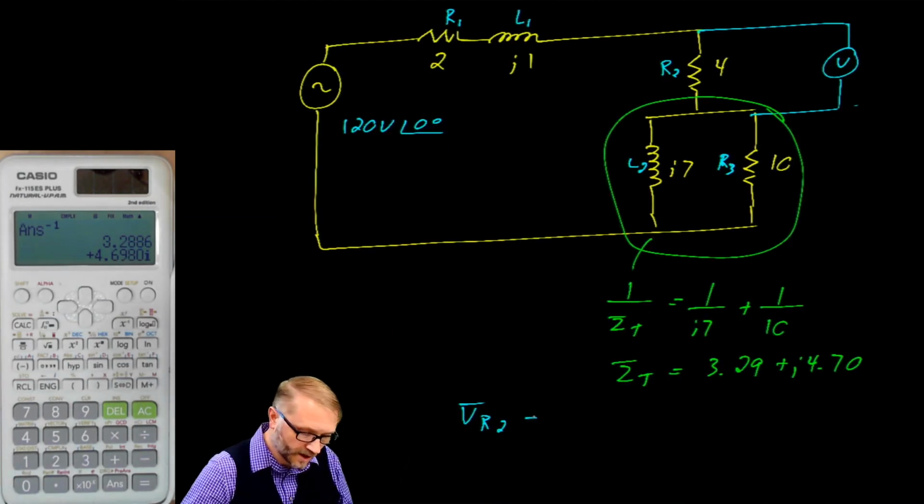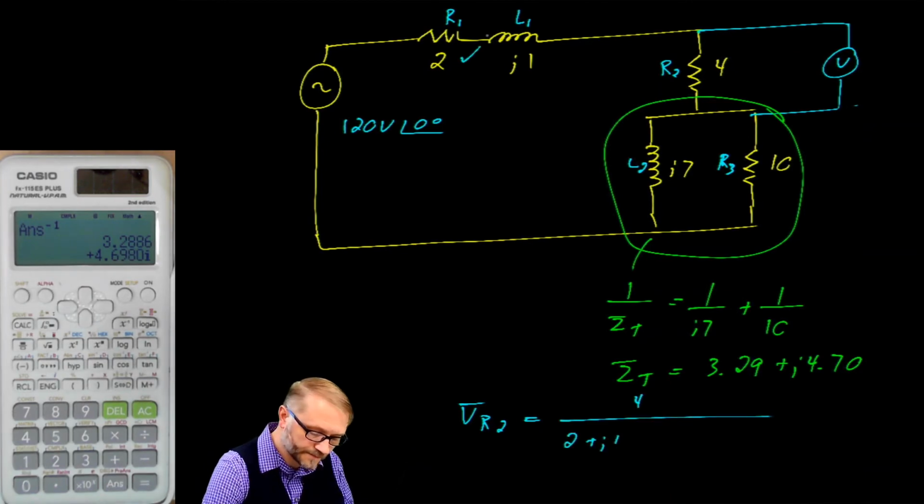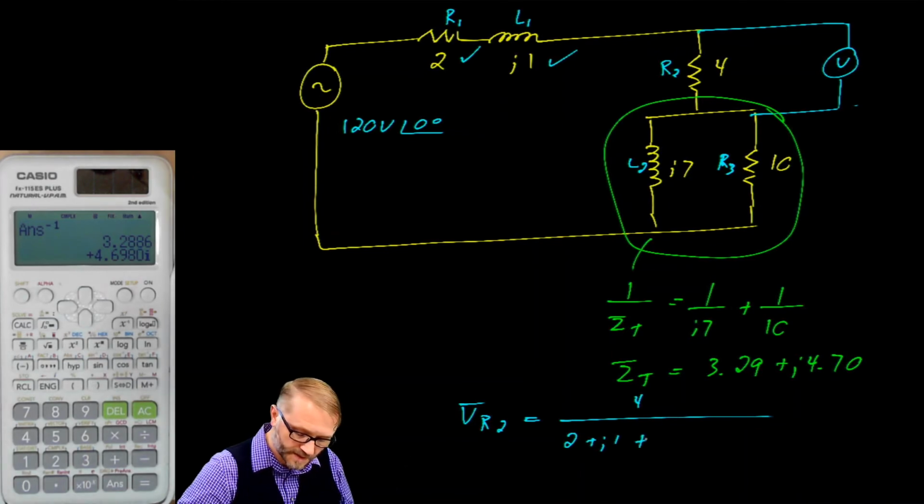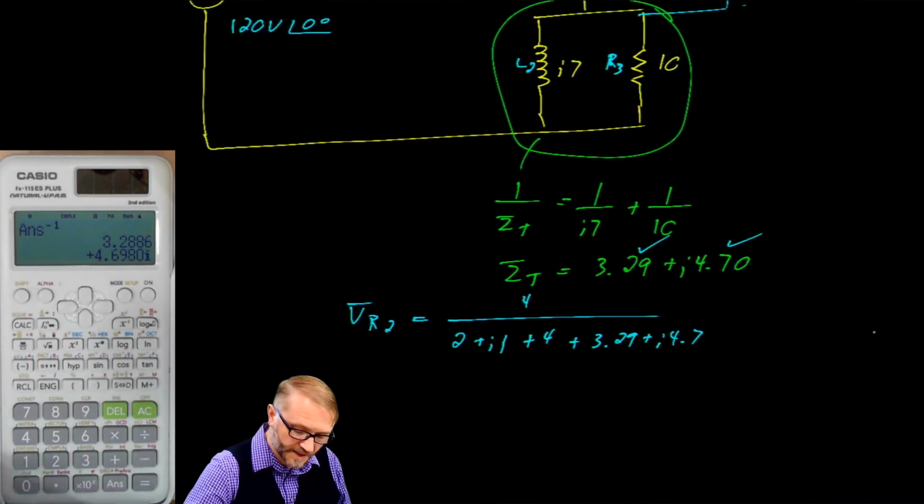So the voltage on R2 is 4 over 2 plus J1 plus 4 plus 3.29 plus J4.7, all multiplied by 120. And if you run that through your calculator, I think you'll find it's 44 volts at a phase angle of negative 32 degrees.